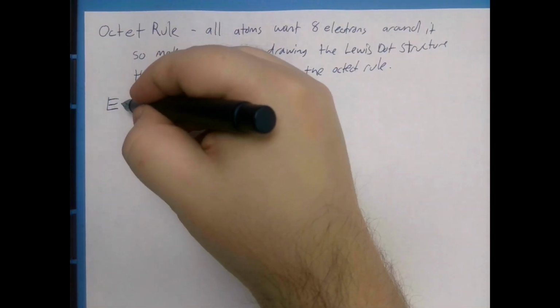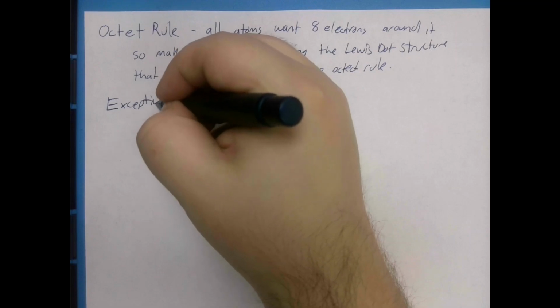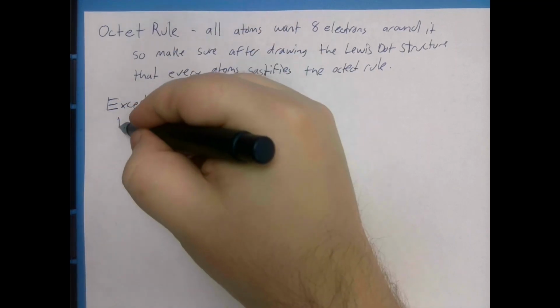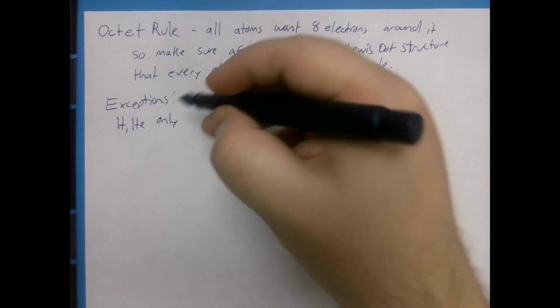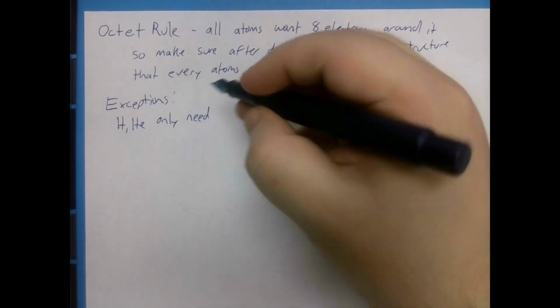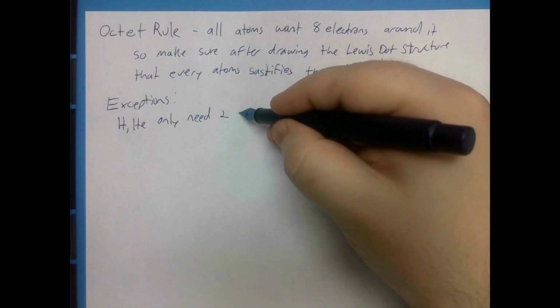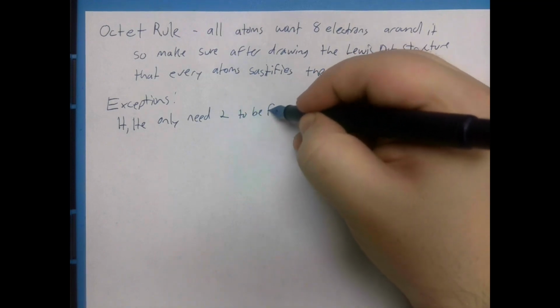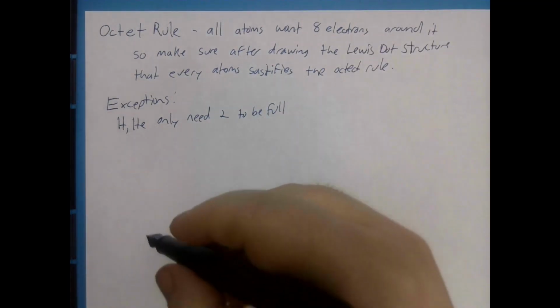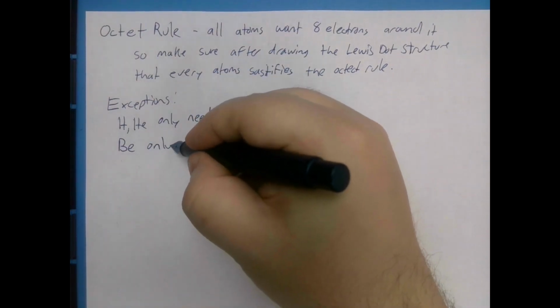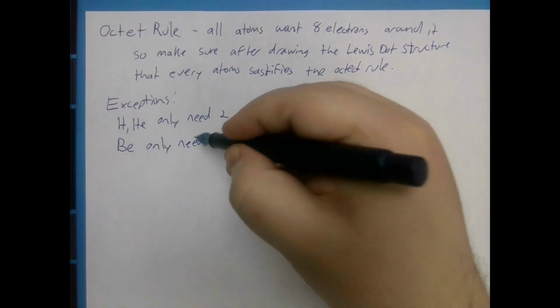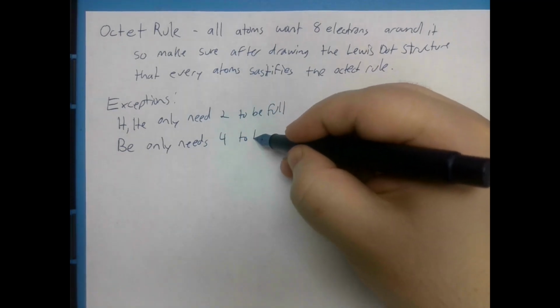Exceptions that they must also satisfy: hydrogen and helium only need 2 to be full. Beryllium only needs 4 to be full.